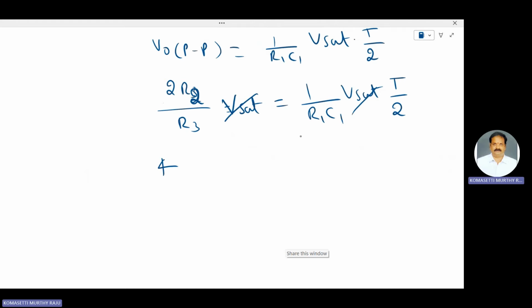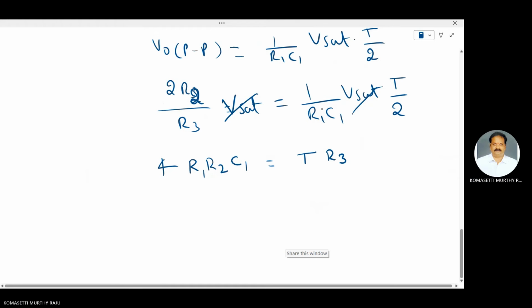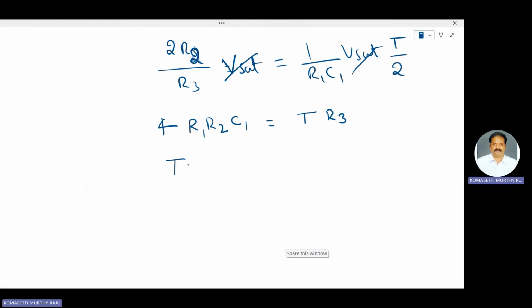So 4 R1 R2 C1 is equal to T R3. Therefore, the time period T is equal to 4 R1 R2 C1 by R3.